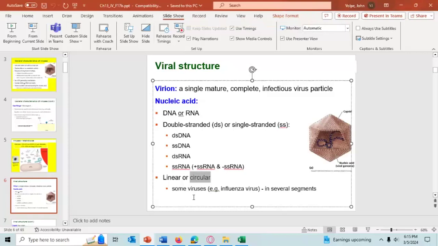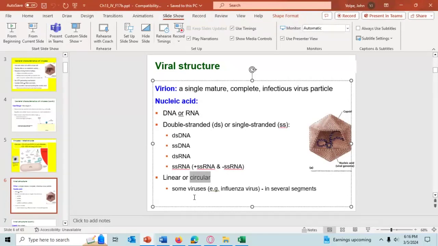But as you know, humans have several segments, and we call these segments chromosomes. We may or may not call the viral genome a chromosome. Generally, I don't use that term for viruses. I just use the term viral genome.